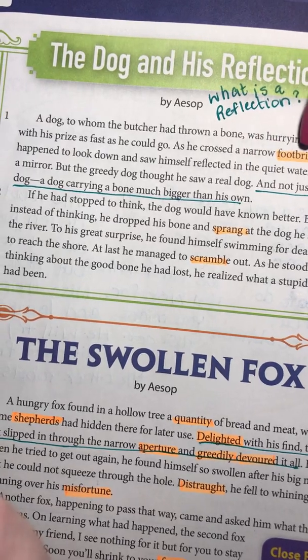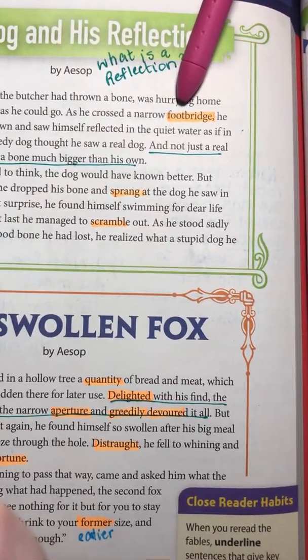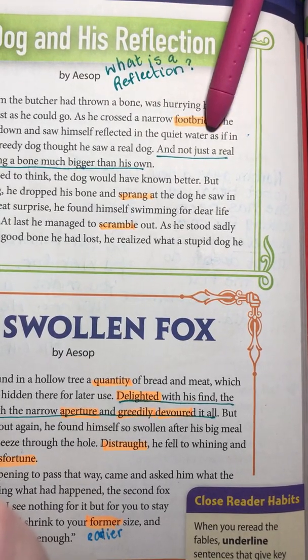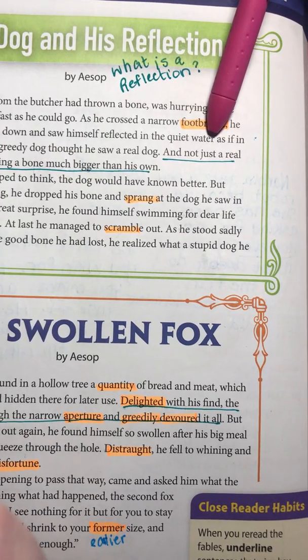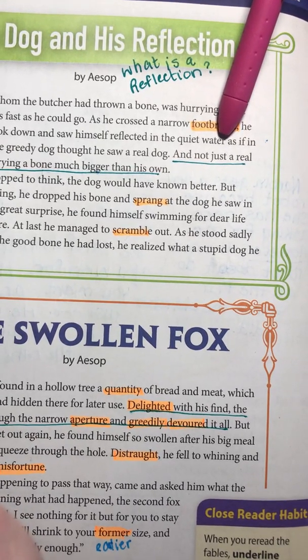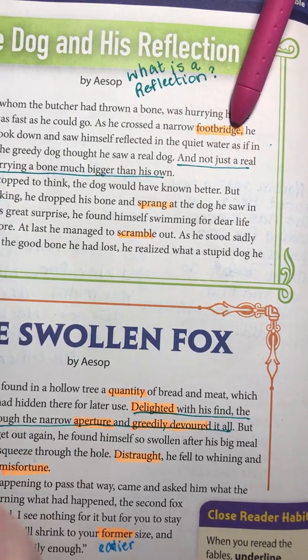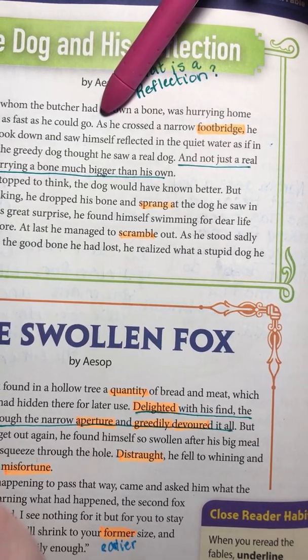Let's back up to footbridge. As he crossed the narrow footbridge, he happened to look down and saw himself reflected in the quiet water. If there's water down there, there must be some sort of river or stream. He's crossing it. I recognize the word bridge. And the dog is walking.